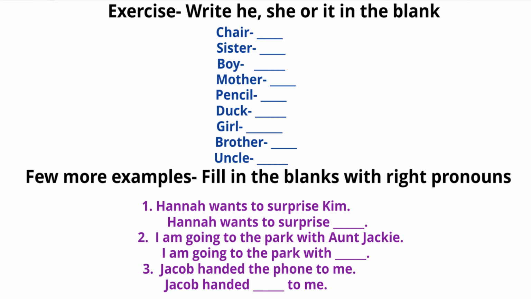So Aunt Jackie is a female, so feminine gender, we have to use her. I'm going to the park with her. Jacob handed the phone to me. So phone is a thing, right? So what pronoun comes there? It would be it. Jacob handed it to me.